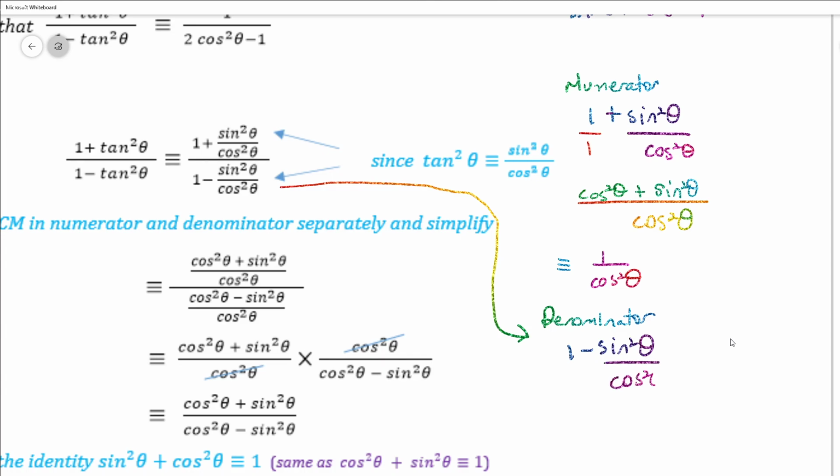So similar to what we did above, our LCM is cos squared theta, right? So 1 into cos squared theta is cos squared theta. Cos squared theta by 1 is the same, cos squared theta. And then I have cos squared into cos squared is 1. 1 by minus sine squared theta is minus sine squared theta.